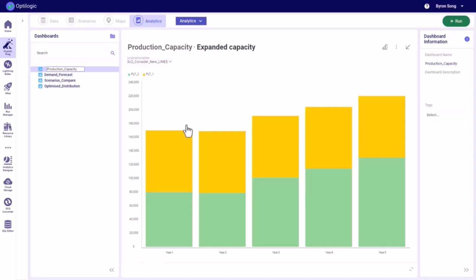And we can see actually there's no longer overcapacity in this scenario, and we can hover over here in these last 3 years to see the volume of plant 1 stayed as 90,000, but plant 2 has increased over 90,000. That means the model decided to put more throughput via plant 2 because that is the better location given the future demand out of the 2 plants.